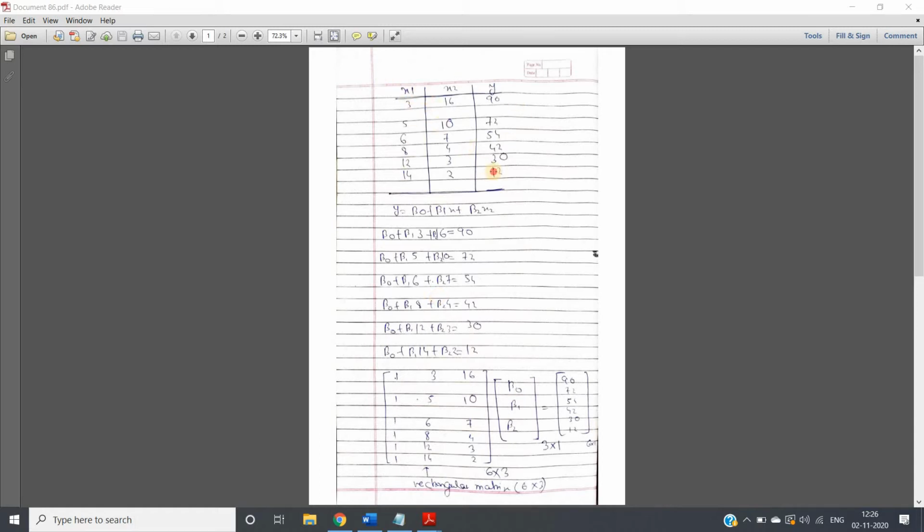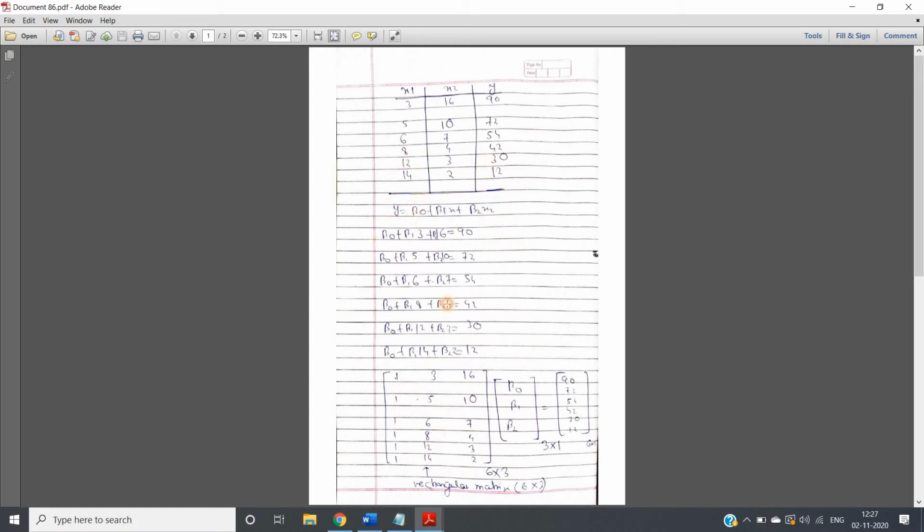I have taken this particular example where x1 and x2 are my input features, which should be independent, and this is my dependent or output feature. We have taken the equation y equal to beta naught plus beta 1 x1 plus beta 2 x2, where we need to find beta naught, beta 1, beta 2.